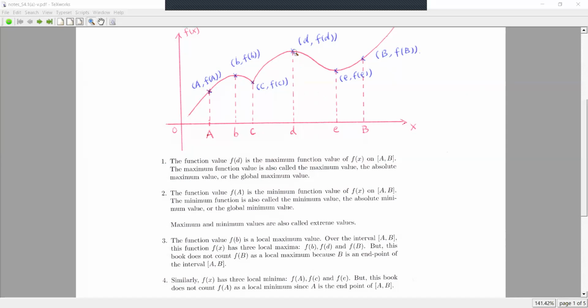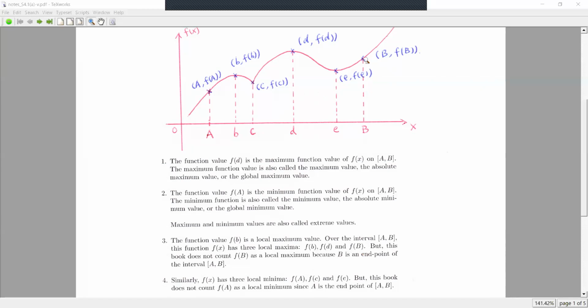Of course, this point globally is also maximum. And this point locally is maximum. So over this interval, the function has three local maximum function values: f of b, f of d, and f of bb.